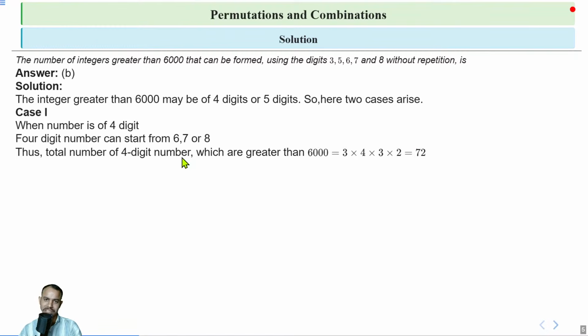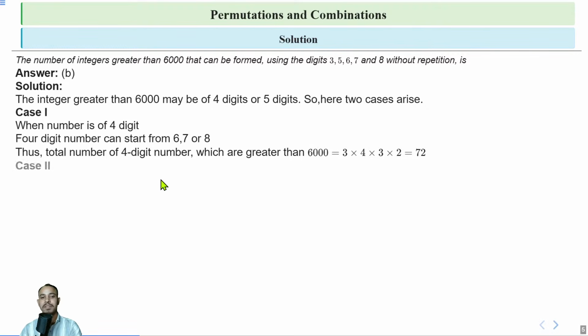Thus the total number of 4 digit numbers greater than 6000 is: for the first digit 3 choices, for the second digit 4 choices, for the third digit 3 choices, and for the fourth digit 2 choices. So the total number of 4 digit numbers greater than 6000 is 3 times 4 times 3 times 2, and if we multiply them, you will get 72. This is the total number of 4 digit numbers which are greater than 6000.